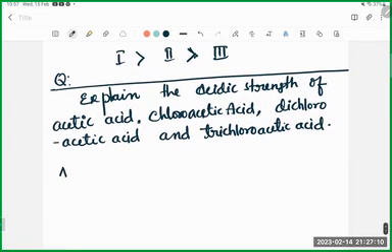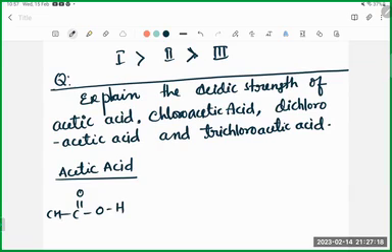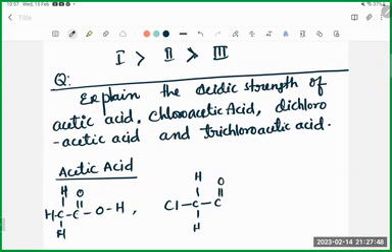Acetic acid, CH3, this is acetic acid. Then in chloroacetic acid, one hydrogen I'll remove and put CH2. Okay, let me draw like this, it will be more clear to you, Hridaya. Three sides we have hydrogen, so this is CH3, right? Clear, Hridaya? Yes, ma'am. CH3, single bond. And here I am writing one Cl attached to the carbon, so it will be monochloro acetic acid.